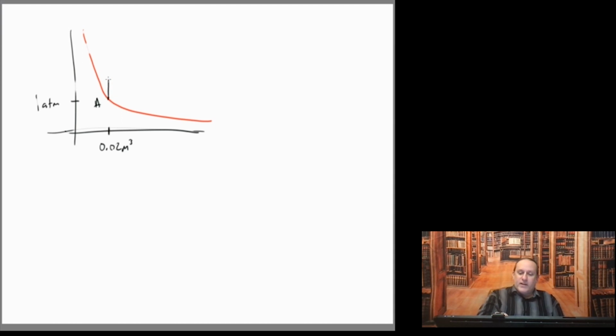And the pressure increases isovolumetrically up to 3 atmospheres.